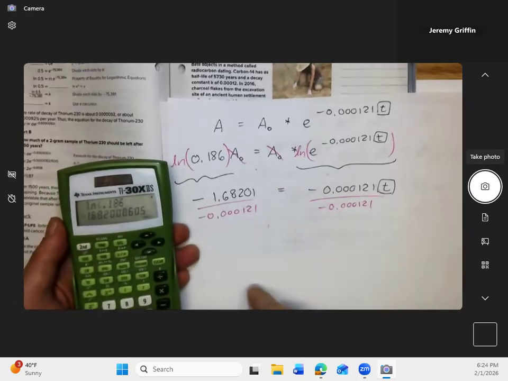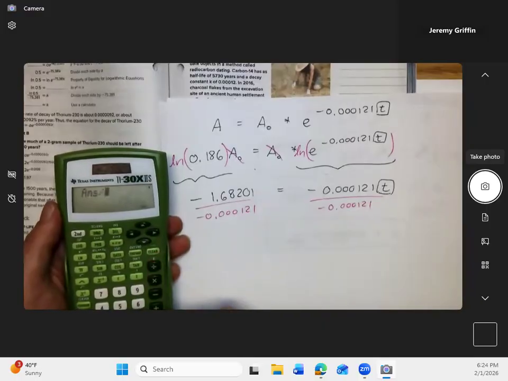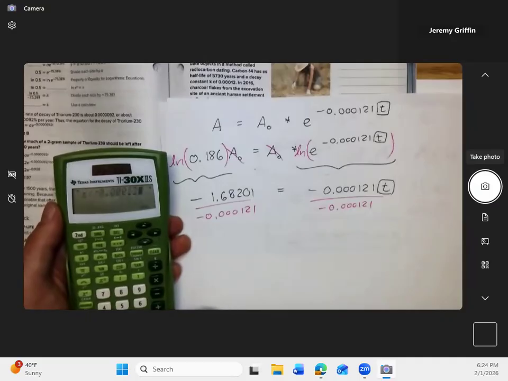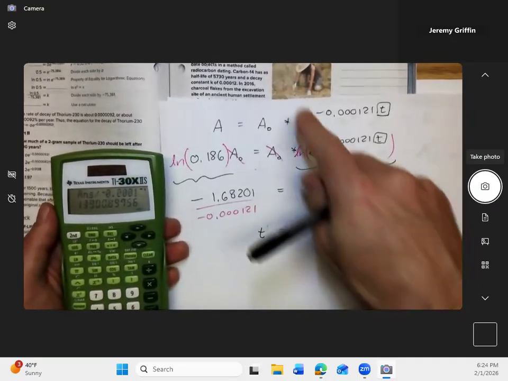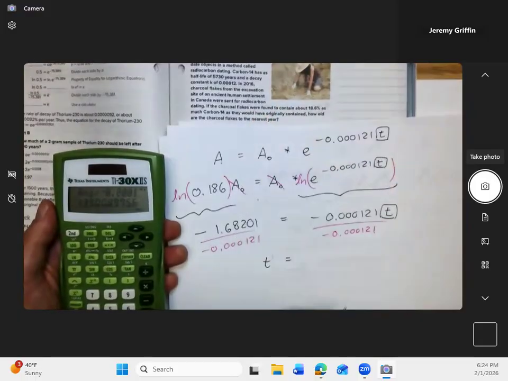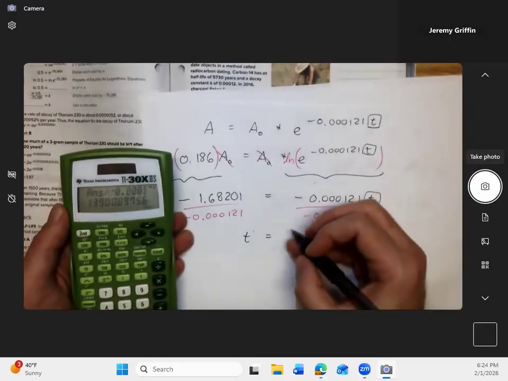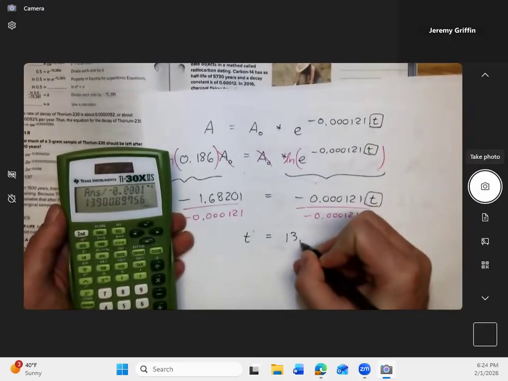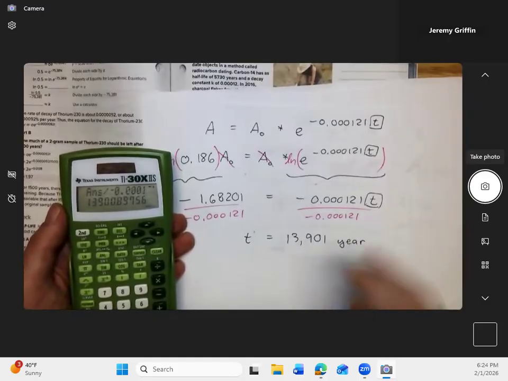I've got this in my calculator already, so I'm going to divide by negative 0.000121. So the age of this charcoal flake is, ooh boy, 13,900 years.